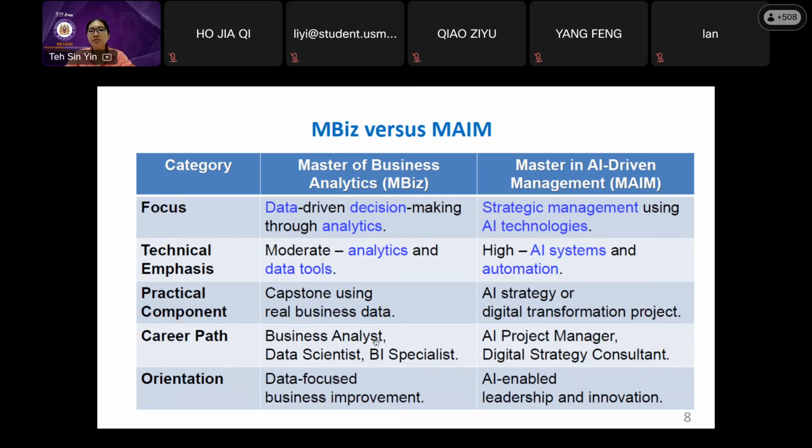You can see the left side is a little more technical compared to the right side. The orientation is data-focused business improvement, whereas for MAIM it is AI-enabled leadership and innovation. These are the basic differences.